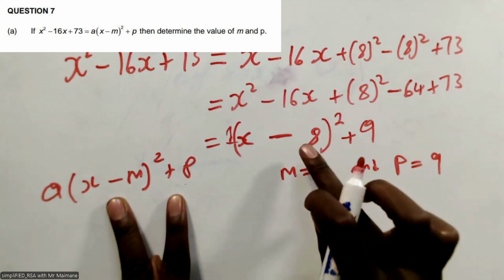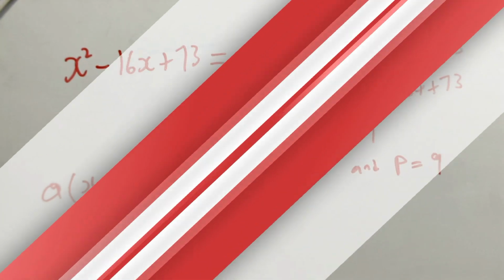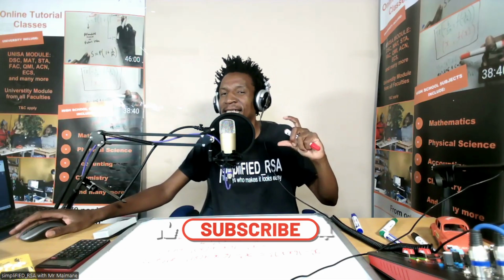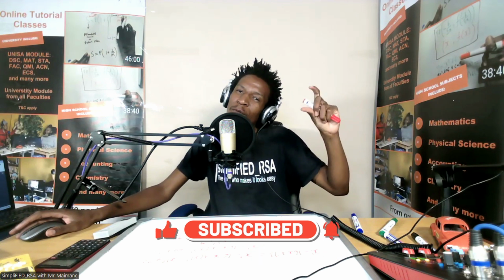So 9 is p, 8 is m. That's how you solve number A. As you've seen, the punchline of the question was just to complete the square, taking the standard form of a quadratic function to the vertex form, and then show the values.